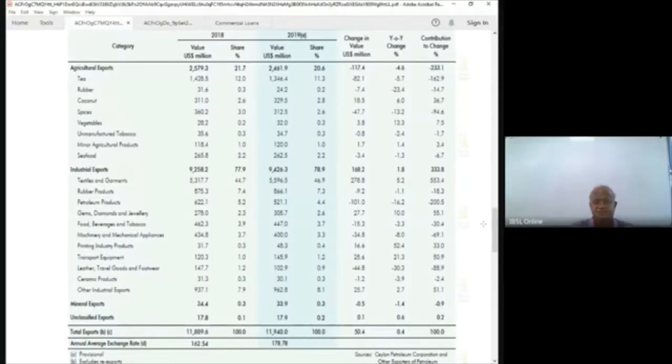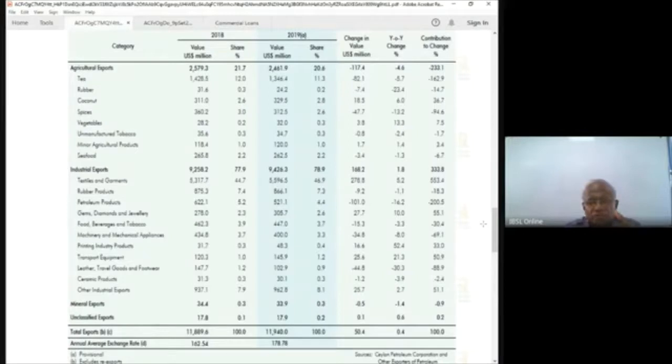What has happened in all these sectors? Agriculture exports dropped in US dollar terms, a 4.6% drop year-on-year. Then industrial exports, value-wise, there's an increase, 9258 to 9426, an increase of 162.